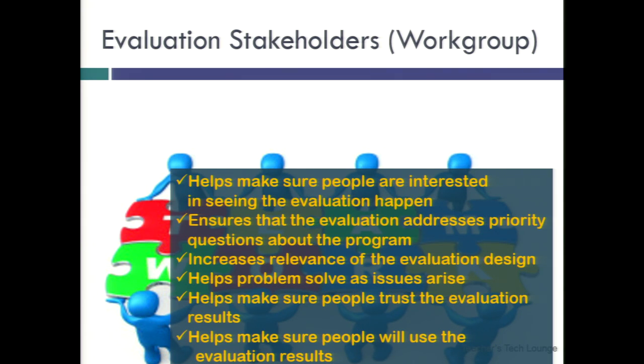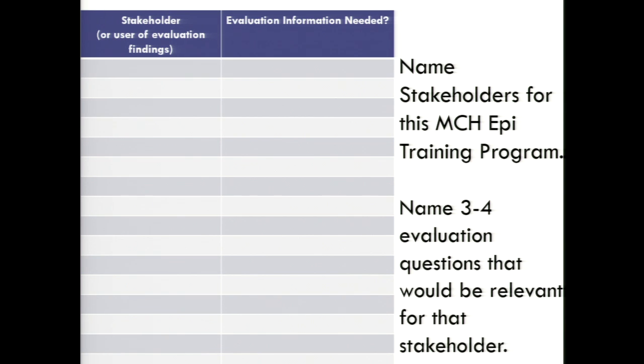All right, so you need a piece of paper and a pen, because what I want you to do is just write down 3 or 4 stakeholders for this maternal and child health training EPI training program. Does everyone know what I mean by that?